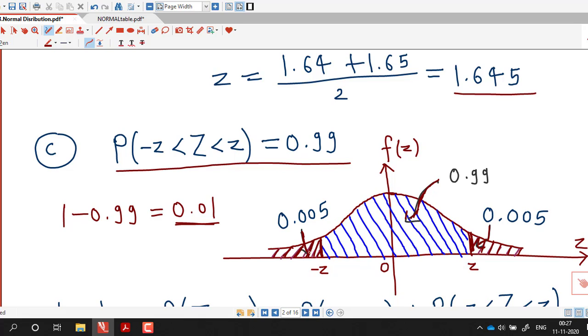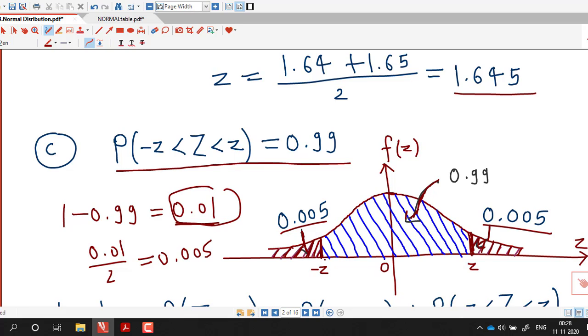So the value of each is 0.01 over 2, which is 0.005. So this area to the left of minus z is 0.005. The area to the right of small z is also 0.005, because both are equal and the sum of both areas is 0.01.